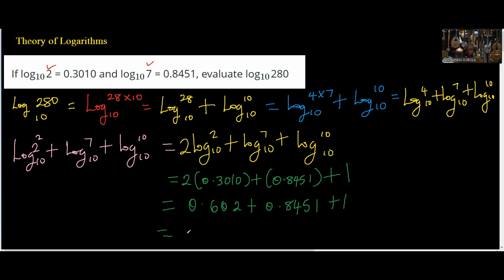So when we add all of these together, our final answer will be 2.4471. So is this clear to you? Yes, sir. Okay, so write it down. Once you're through, we'll look at the next one.